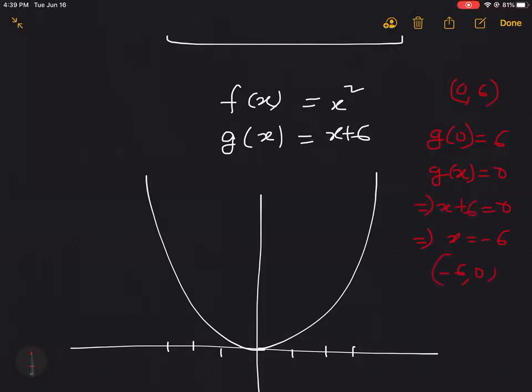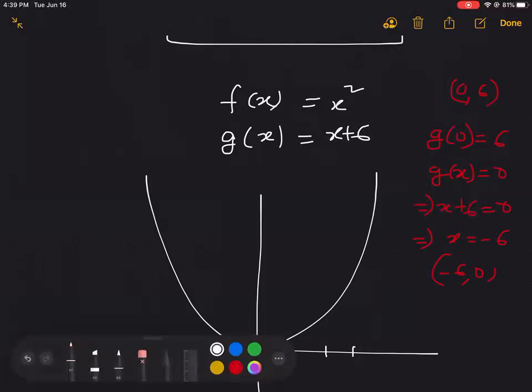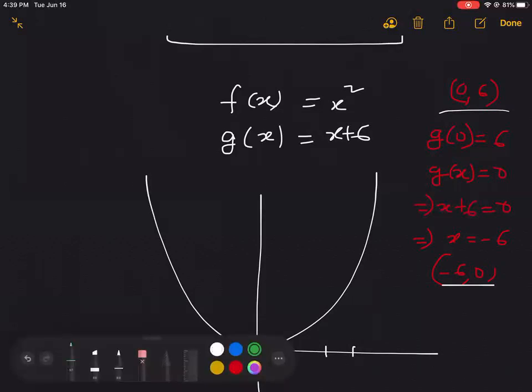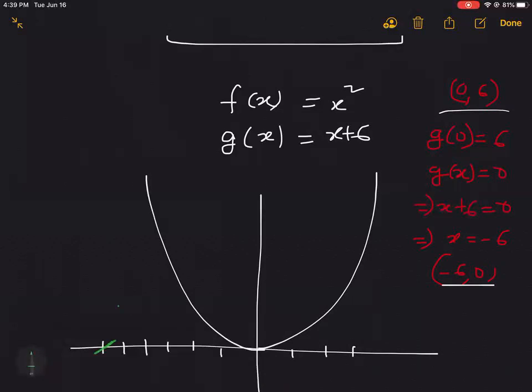As we know these two values, we can actually graph this. So that's -3, -4, -5, -6. That's one of the intercepts. And the other intercept is at (0, 6). So let's say that's 1, 2, 3, 4, 5, and 6.